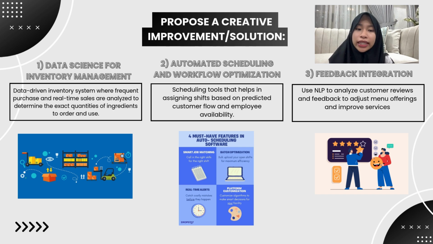The third one is feedback integration. This is to solve customer dissatisfaction and poor decision making that might arise in this cafe. So we use NLP to analyze customer reviews and feedback to adjust menu offerings and improve services.